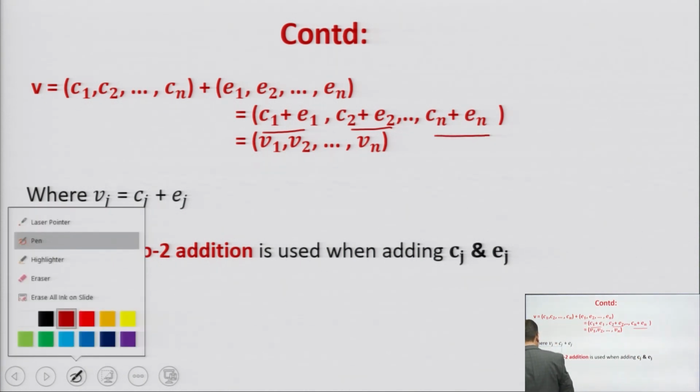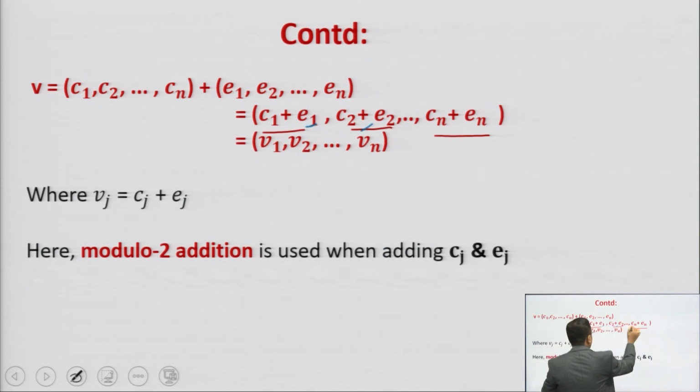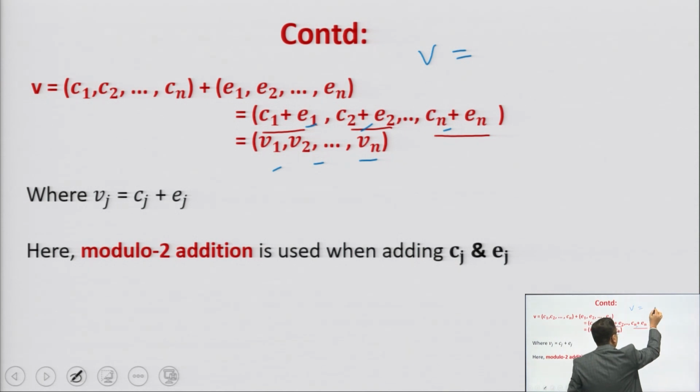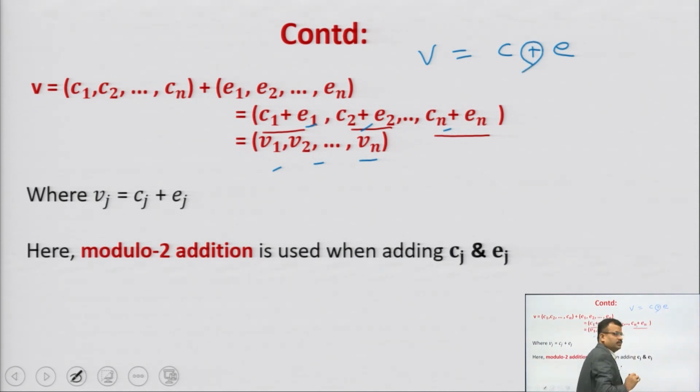You can write it in this form, and V1 V2 up to Vn. So finally that we are generating from the error pattern, in terms of additive form of C and E. And here the addition करेंगे वो mod 2 addition होगा, ये हमेशा ध्यान रखें.